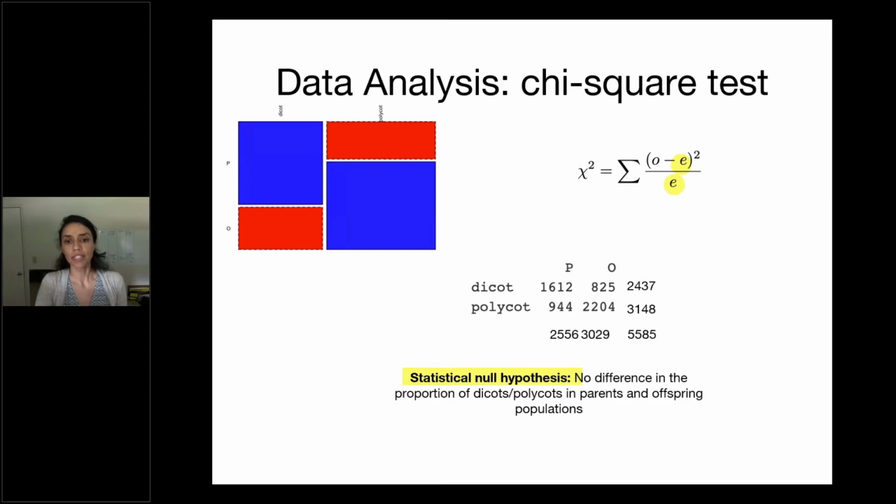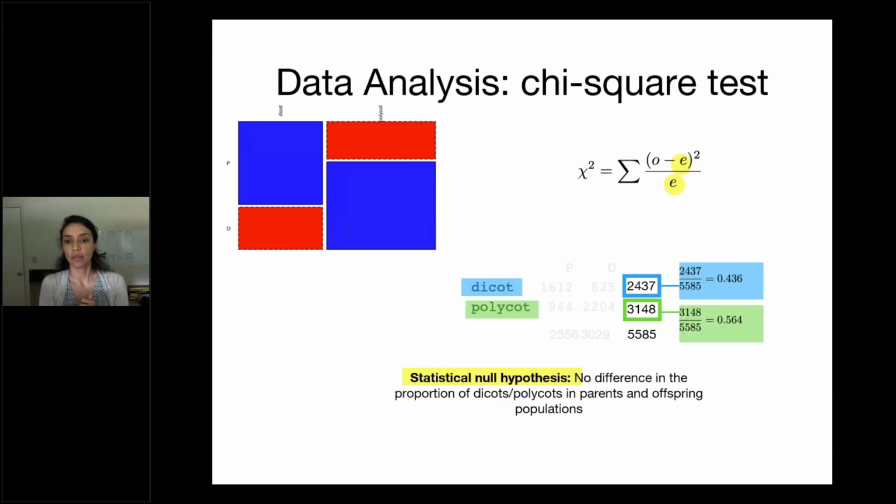In order to do that, as you probably remember, we need to add the number of total dicots, the number of total polycots, and the total number of plants that we have in both populations. If we want to know what proportion I would expect, we pretend that we don't know that there are two different populations, and we just count the proportion of dicots and the proportion of polycots as a group, all combined.